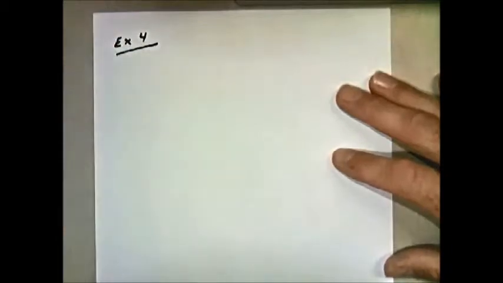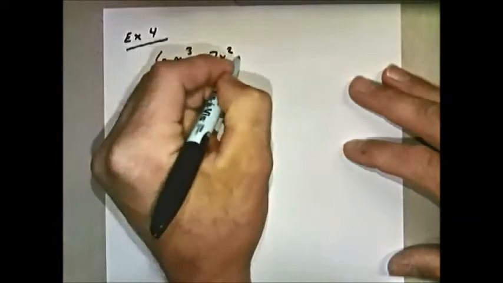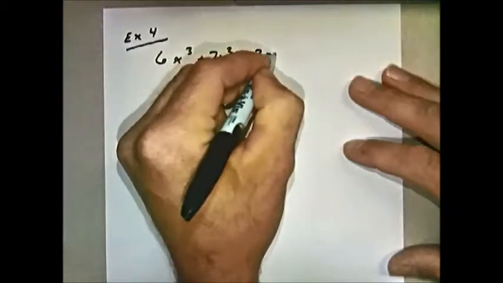Let's look at one more example, just for good measure. And let's get a little more complicated. Let's throw in a cubic. So let's look at 6x to the third plus 7x squared equal to 3x.